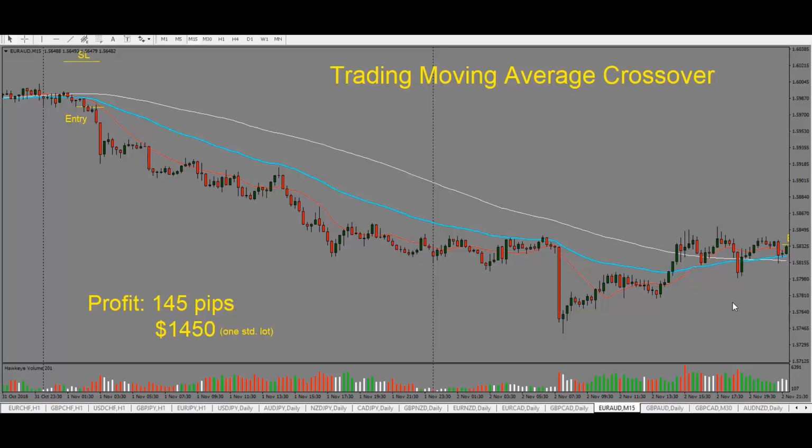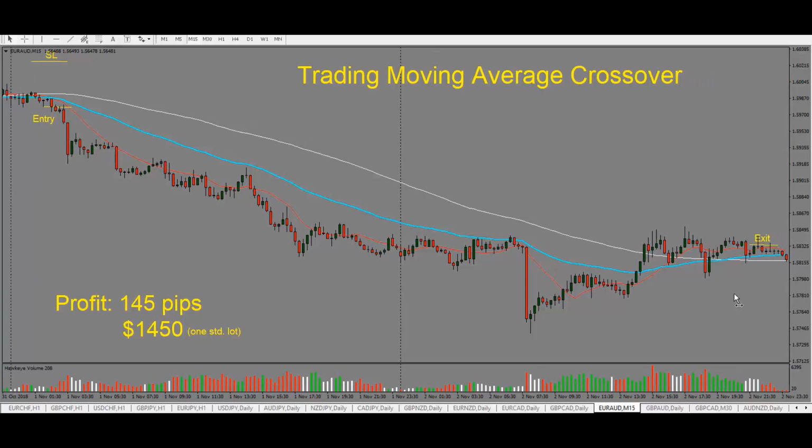Our 50 moving average will cross the 100 to the upside now. This is a good place for us to exit the trade once price starts to hold above the moving average.